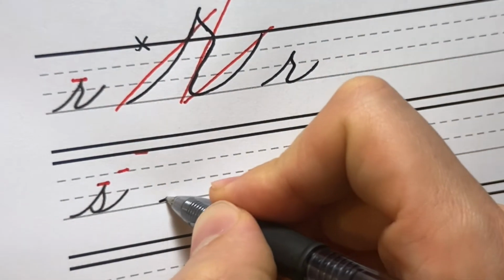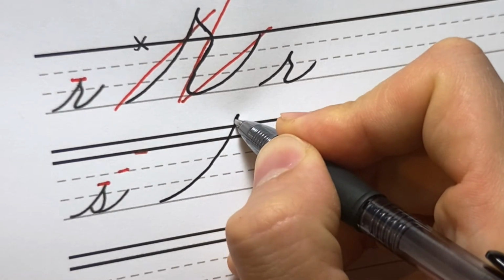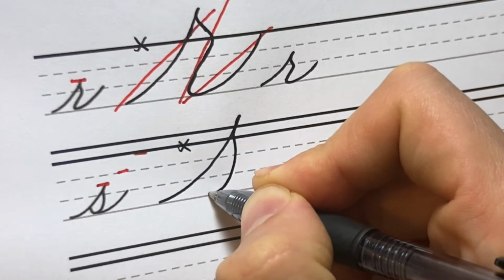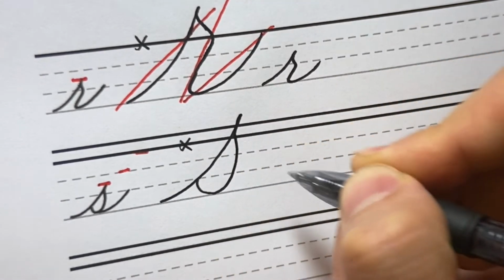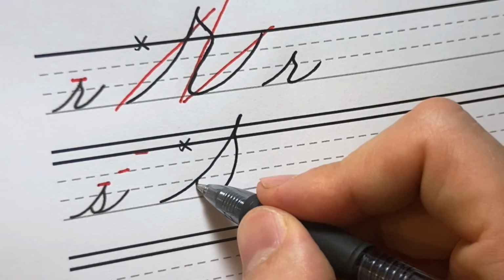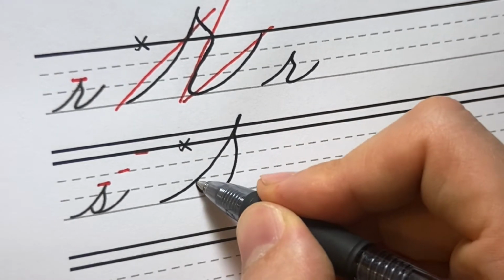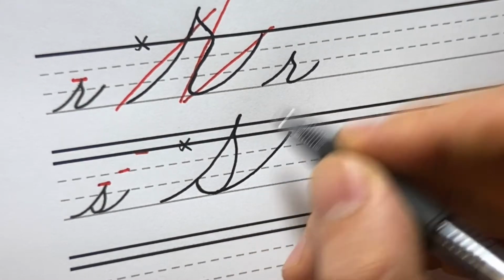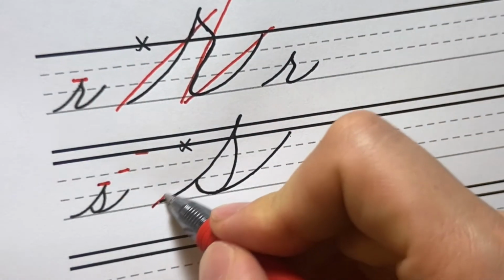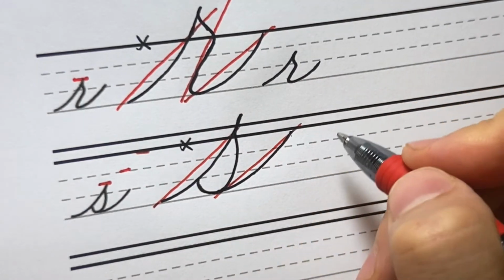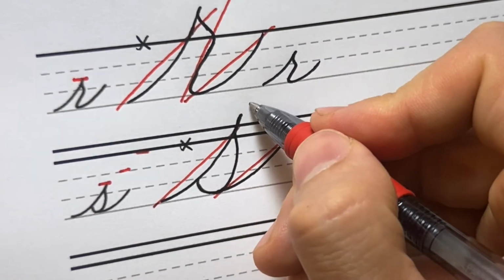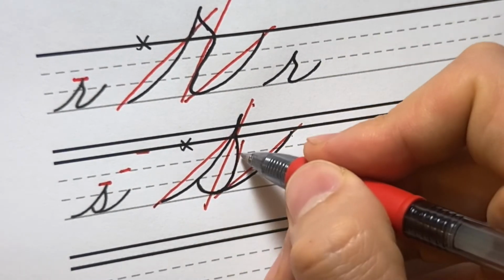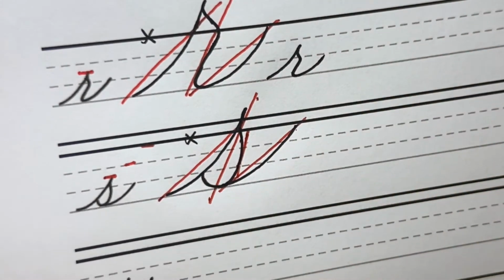All right, with the S, I'll do another big version of this one. I'll come up over my X height, come down, do a nice rounded move, and come all the way back to that connective entry stroke. Now I'll just pick my pen up and put it down here. You could retrace if you wanted to, and then just exit on that connective slant again. So we have our connective slants. Then you want the body of this letter to be on your main slant, not necessarily this line, the belly of it, I guess you could say.